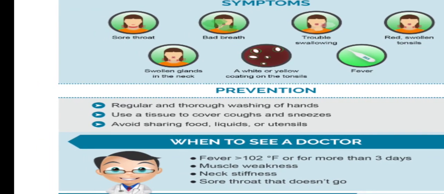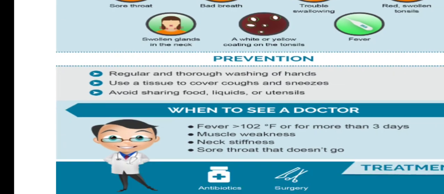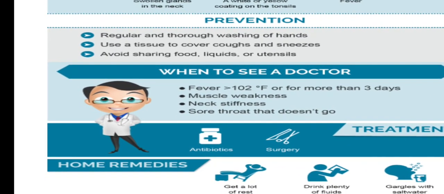Regular and thorough washing of the hands saves us from bacterial infection. We also use a tissue to cover coughs and sneezes, because if any person is suffering from a viral infection and is coughing and sneezing, the droplets can transfer from person to person and cause the disease. We must also avoid sharing food, liquids or utensils like dishes and glasses.